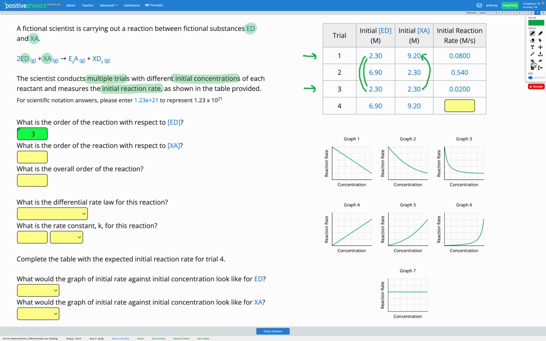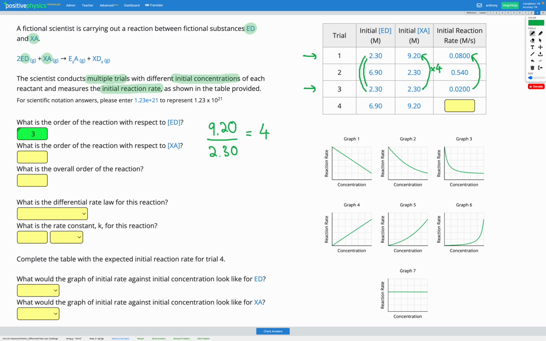So my change there is I ended up with 9.20 molar for my concentration of XA. I started out with 2.3 molar. That is a change of 4, multiplied by 4. So from trial 3 to trial 1, my concentration of XA multiplied by 4. Let's figure out what happened to our rate.